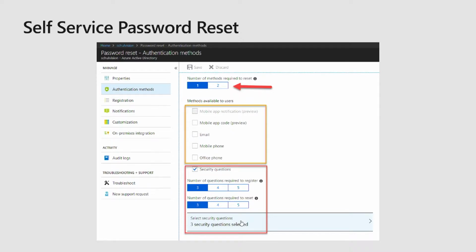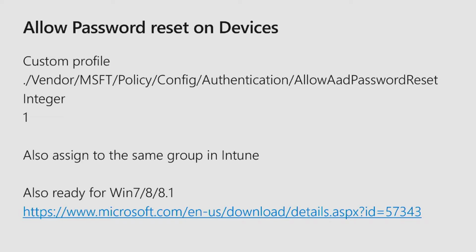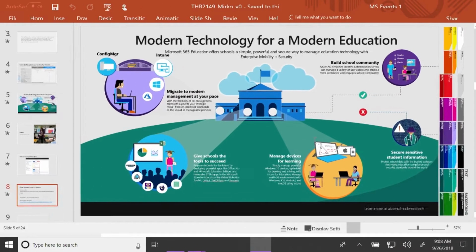The next thing is the password reset is on every web page. If you go and log in on portal.office.com or something, you always have the possibility to reset your password on that website. I'll show you shortly.